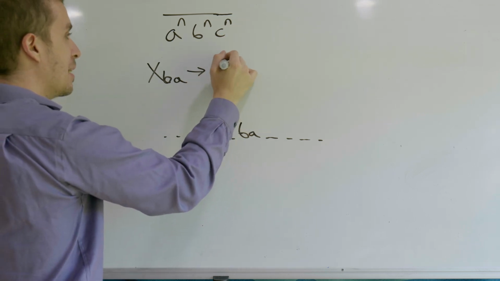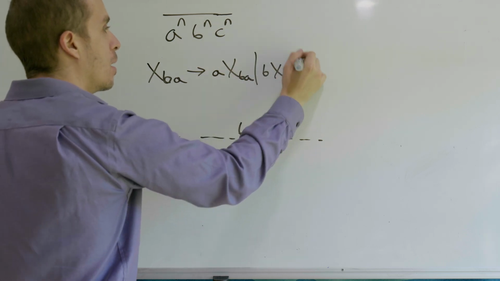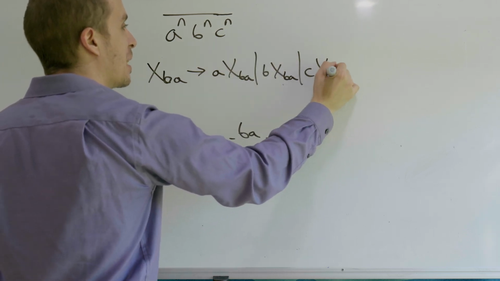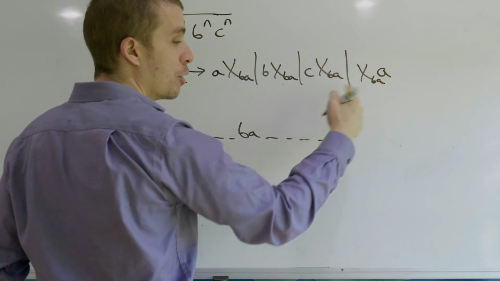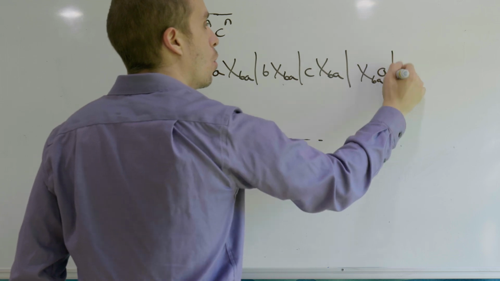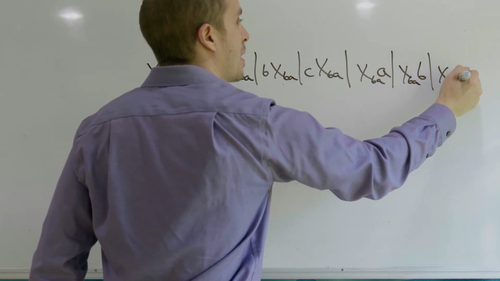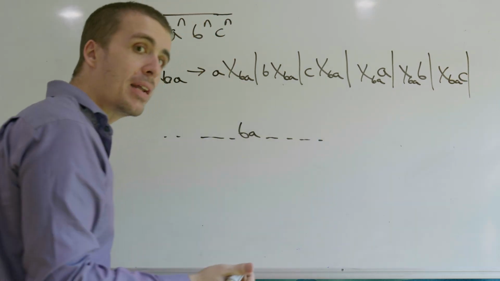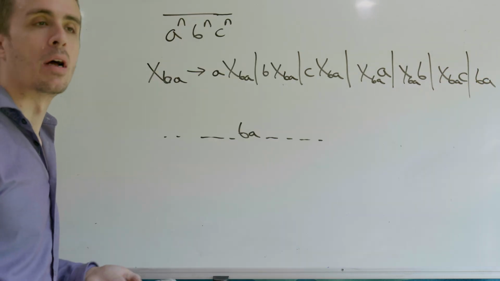So let's do A X sub BA, or B X sub BA, or C X sub BA, or X BA A, XBAB, or XBAC. And then finally, the base case is going to be BA, the forbidden string that we were hunting for, so to speak.